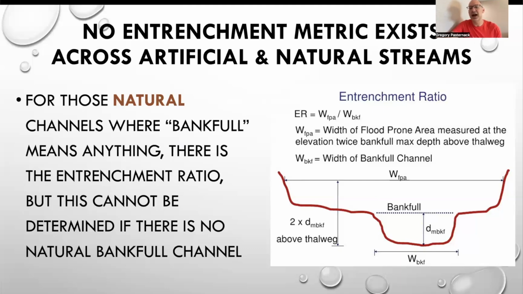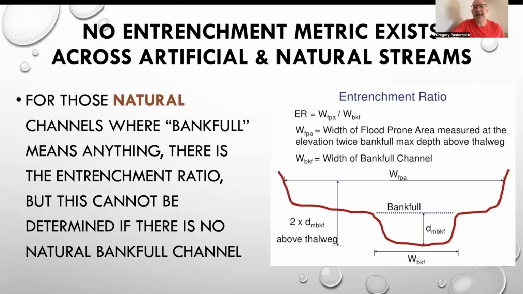You're measuring some sort of weird blend between the combination of entrenchment and confinement. And so for these two reasons, the fact that we can't use it in many artificial channels and the fact that it doesn't differentiate confinement from entrenchment means that this is not a technically sound metric for entrenchment.